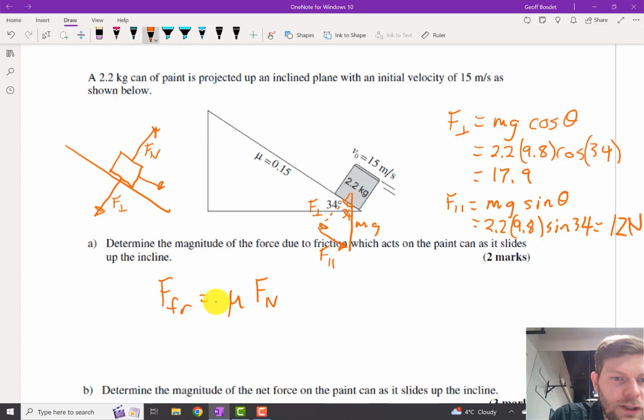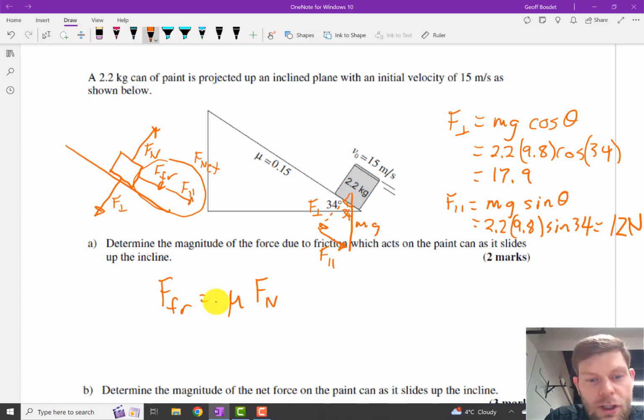We've got force of friction down, and we've got F parallel down. Notice no up forces. These guys are F net, because they are the uncanceled force, which we'll get to later.